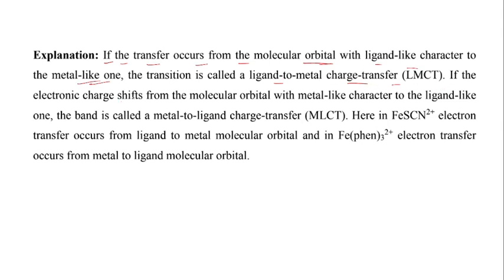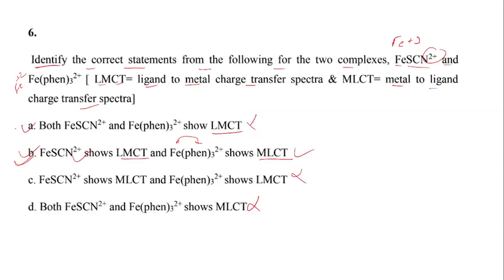If the electron charge shifts from a molecular orbital with metal-like character to a ligand-like one, the band is called metal to ligand charge transfer. Here in Fe(SCN), electron transfer occurs from ligand to metal molecular orbital, and in the Fe+2 phenanthroline complex, electron transfer occurs from metal to ligand molecular orbital. So we have explained this.